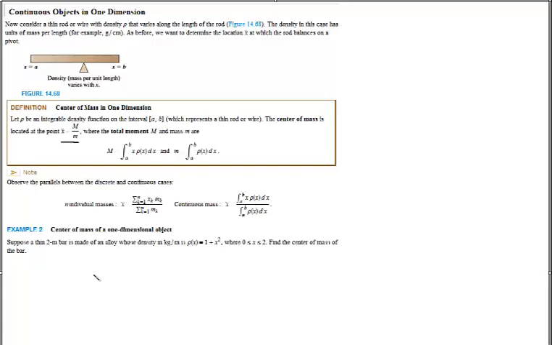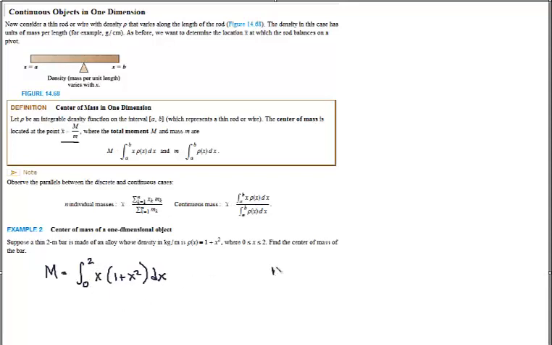So let's see what we've got here. In order to find the center of mass of the bar, I'm going to first have to find both moment and mass. So my moment is going to be the integral of x times rho, which is 1 plus x squared, dx, evaluated from 0 to 2, and I'll integrate that.